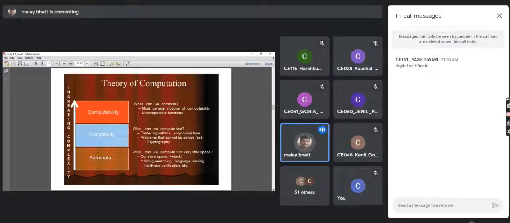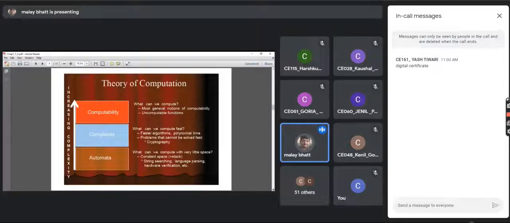The next thing is the main part, the automata part. What problems can we solve or compute with very little space, if very little space is given to us? With constant space, we are using a stack as a memory.